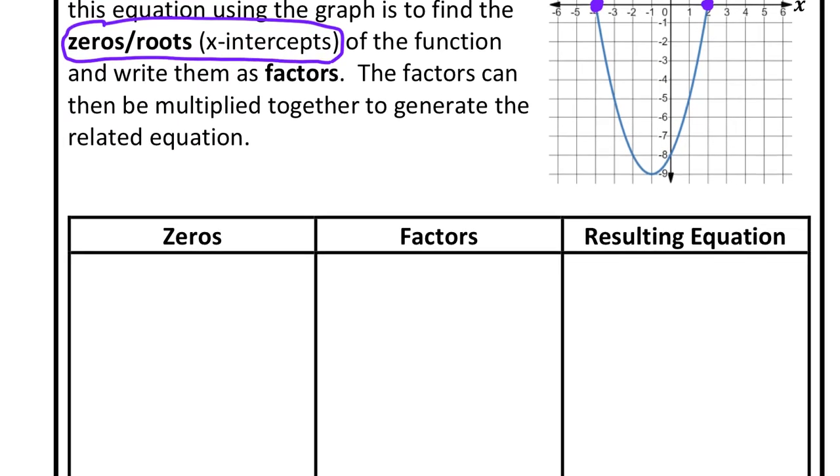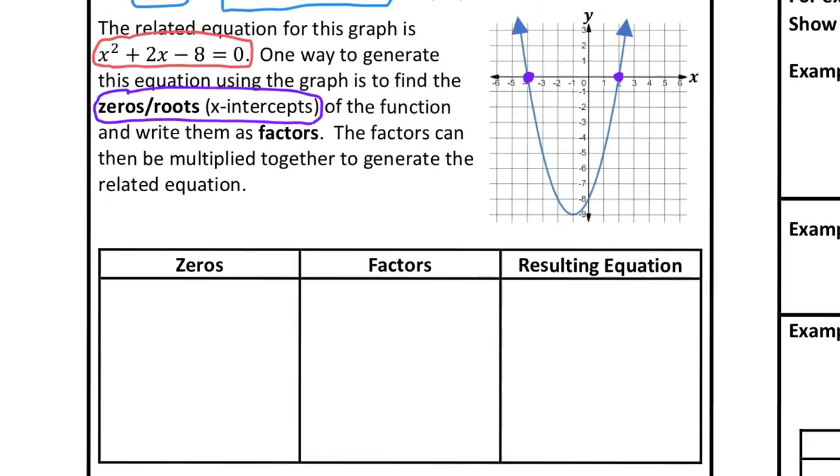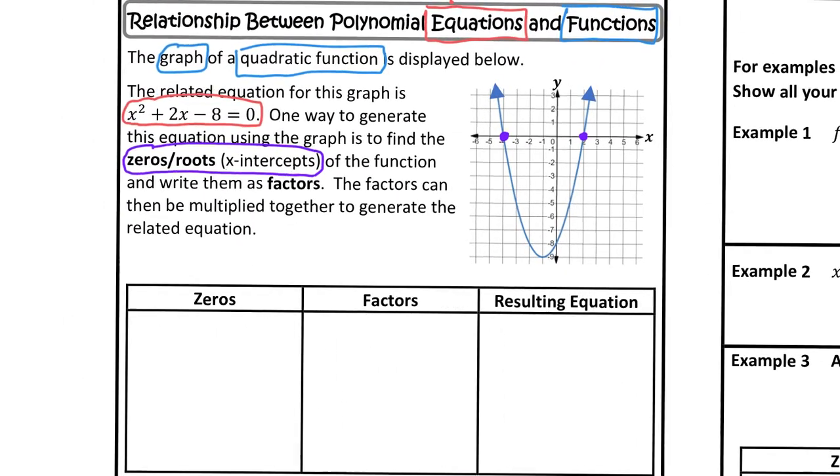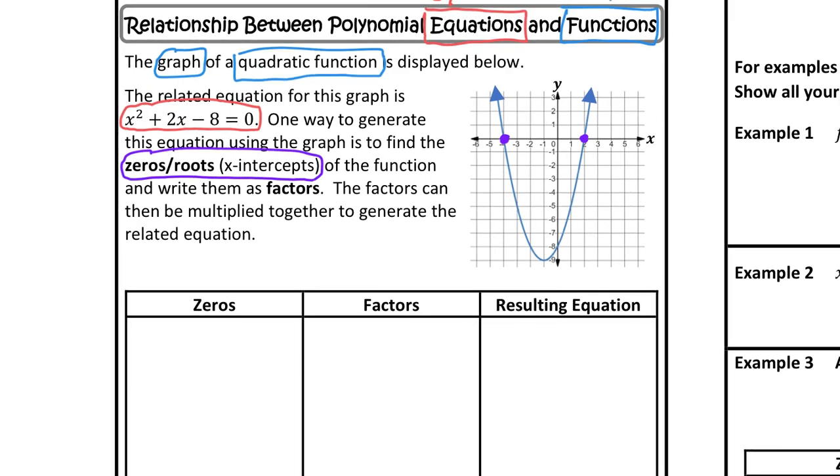So let me see. I'm probably going to zoom out again just to make sure I can see the graph and what I'm writing. Okay. All right, so I have the graph. We were talking about x-intercepts, the zeros, so we're going to write the zeros here in this space.